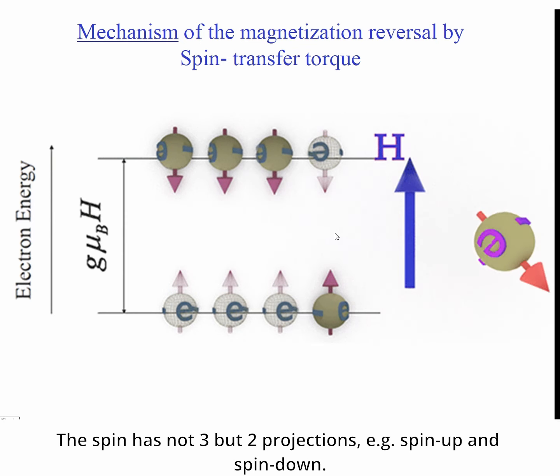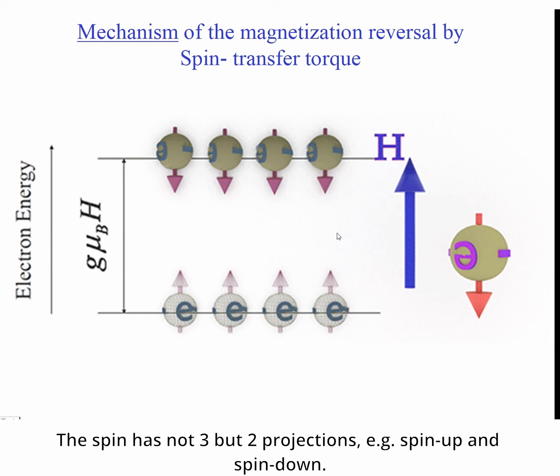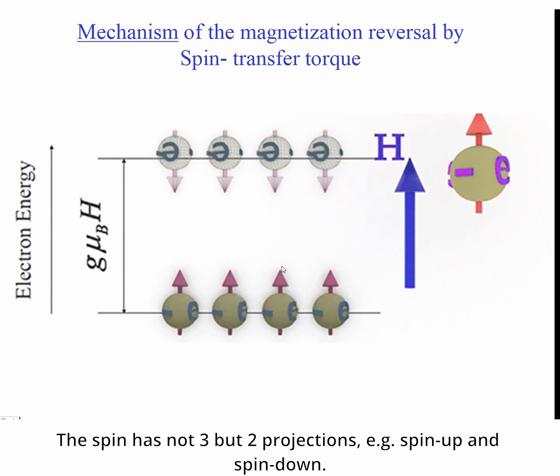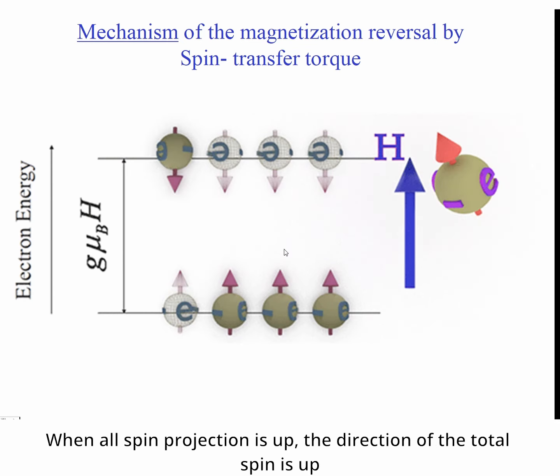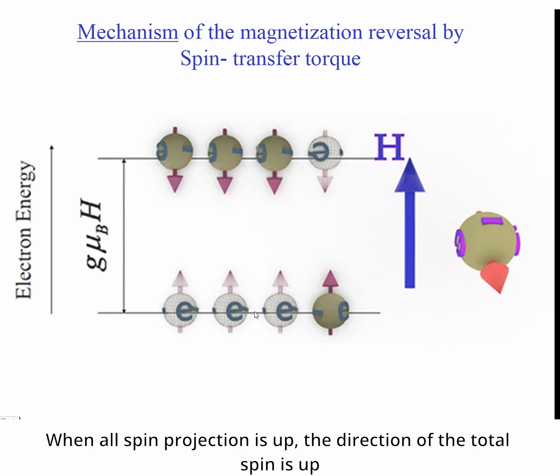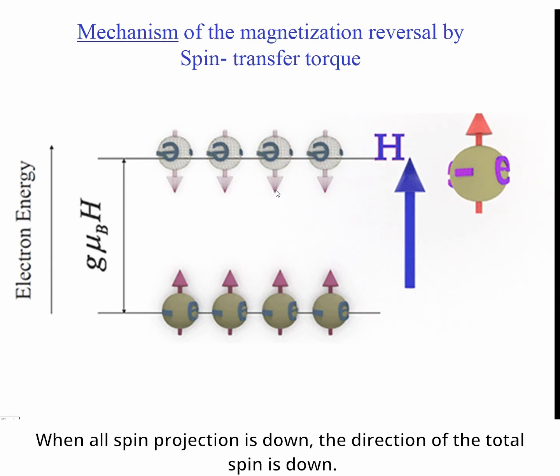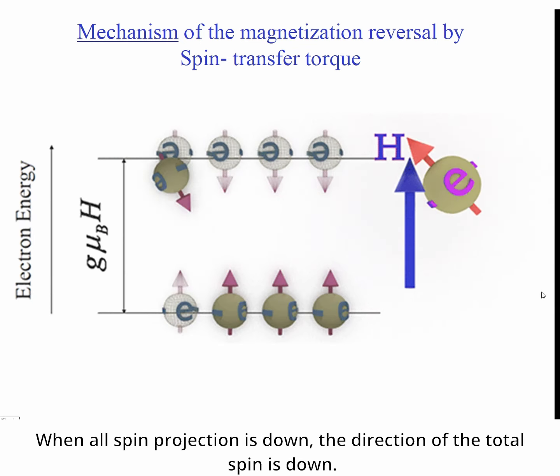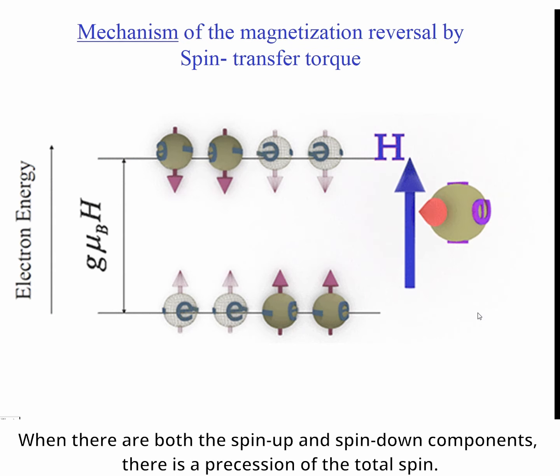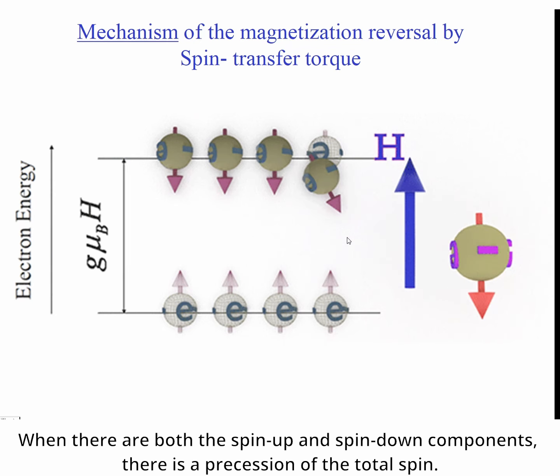The spin has not 3 but 2 projections, for example spin up and spin down. When all the spin projections are up, the direction of the total spin is up. When all the spin projections are down, the direction of the total spin is down. When there are both the spin up and spin down components, there is a precession of the total spin.